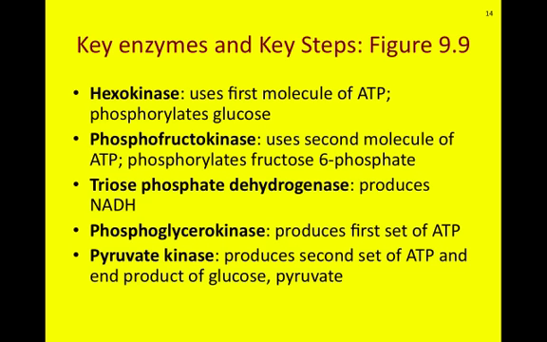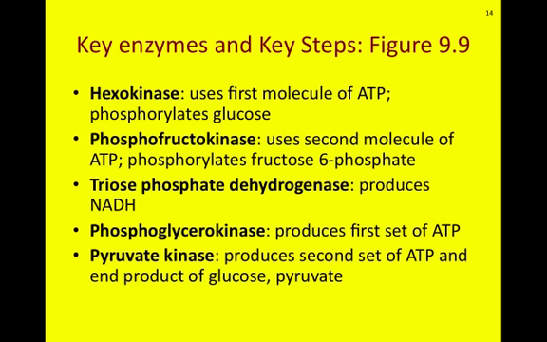And last, but certainly not least, is pyruvate kinase. Again, we're getting some phosphorylation, and this kinase, pyruvate kinase, produces the second set of ATP molecules, and it is the very last step of glycolysis, and thus produces the end product of glycolysis starting from glucose.